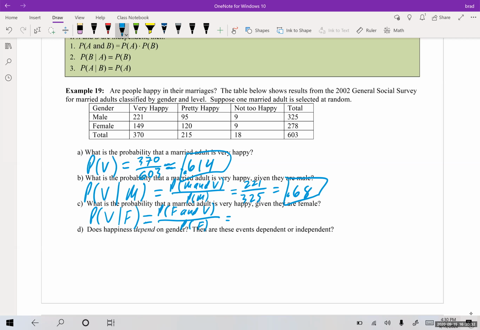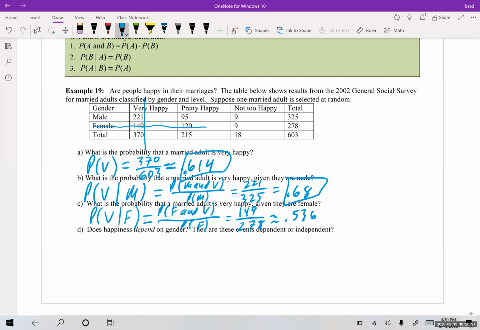Female and very happy, where did we cross? 149. Divided by probability of female, 278 over 603, but the 603s are going to cancel once again. So 149 over 278 is approximately 0.536.